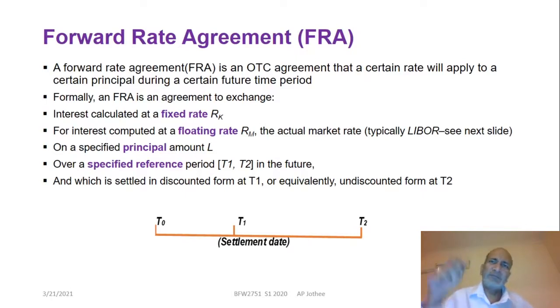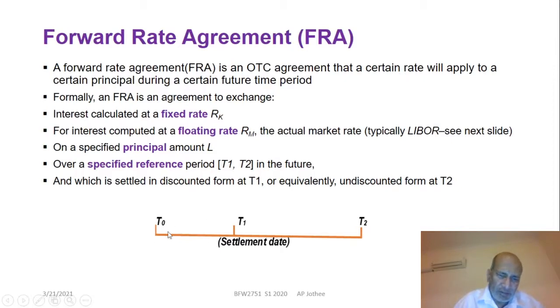Either way, they will start off at the settlement rate, what we call the L or the LIBOR rate, as at the date when your borrowing agreement starts, over a specified period of time and a specified principal, where L is the loan, or a specified period of time between T1 and T2, and which is settled.